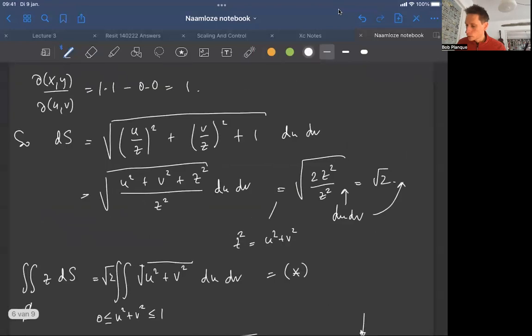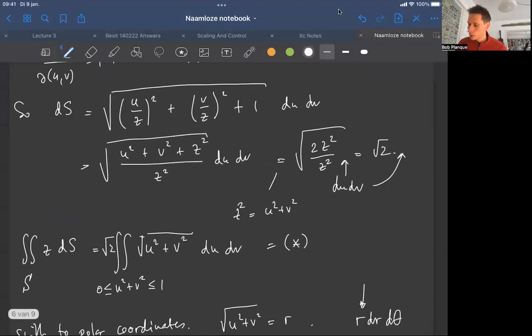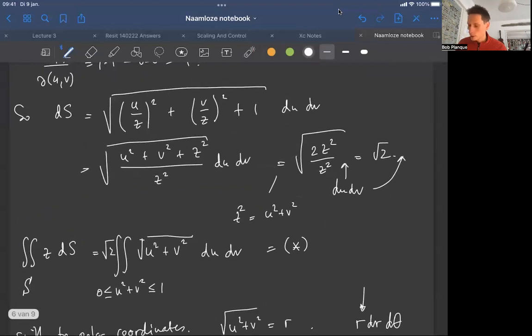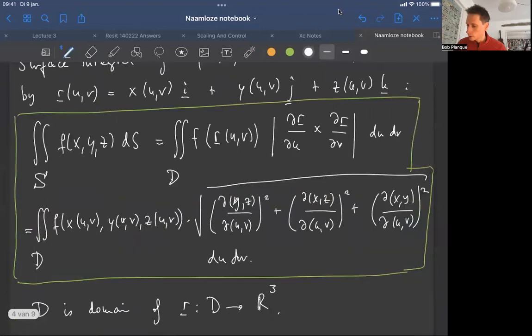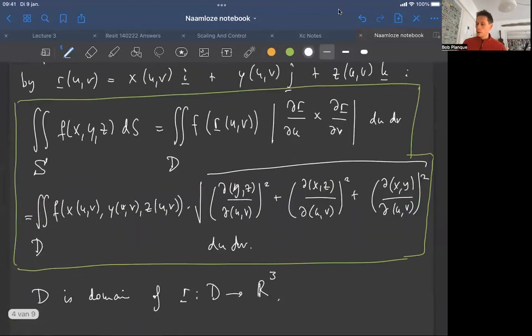And then you have to work out these cross products and find out what the element dS is in terms of that. And so that's this formula. Then you get a problem for u and v, and you either have to do that straight away, or you have to go to other coordinates such as polar coordinates or spherical coordinates, as we will see in a minute, and work it out.